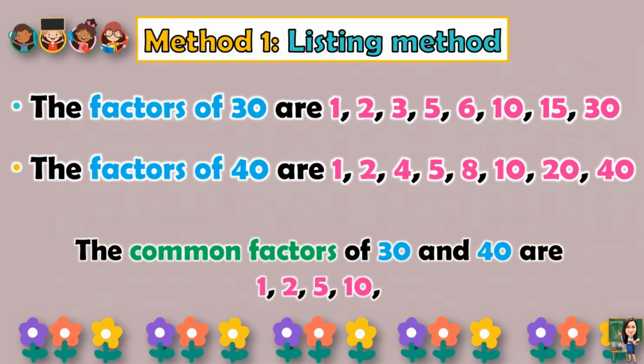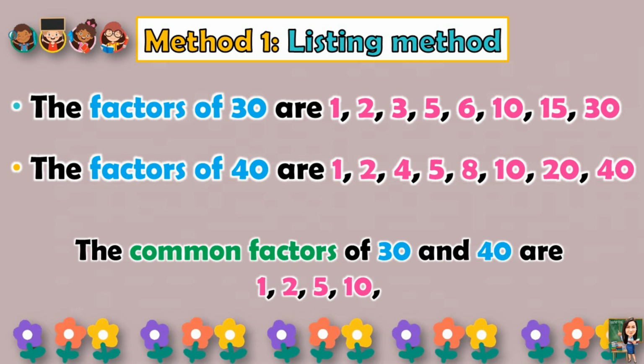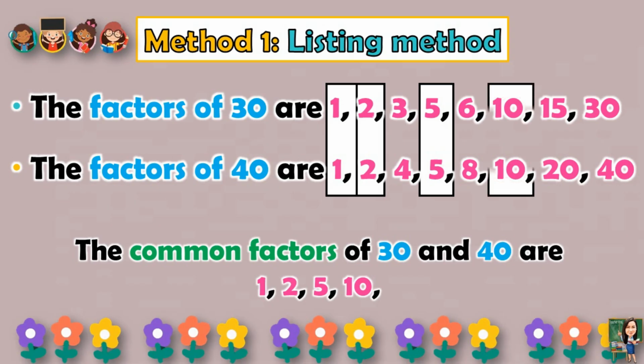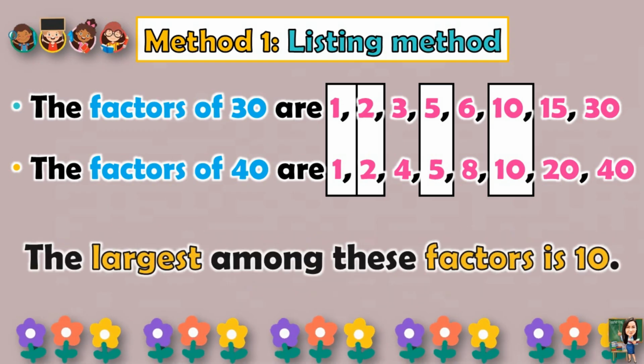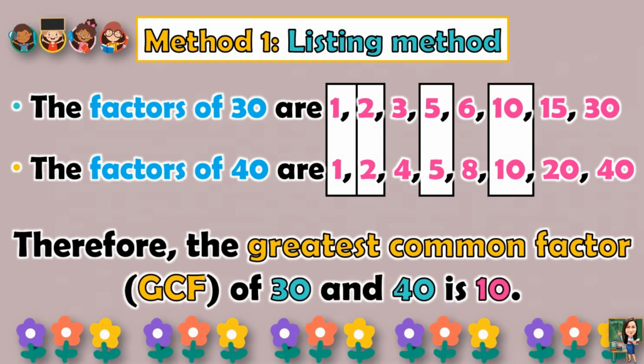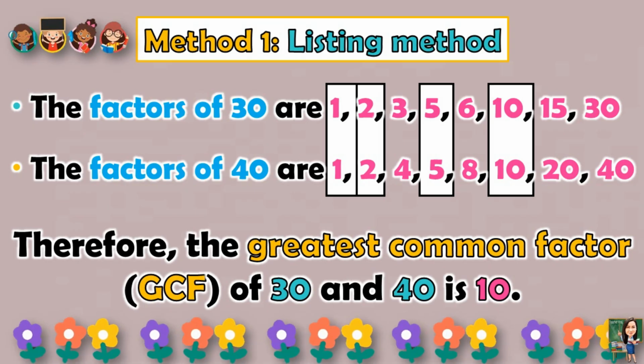The common factors of 30 and 40 are 1, 2, 5, and 10. The largest among these factors is 10. Therefore, the greatest common factor or GCF of 30 and 40 is 10.